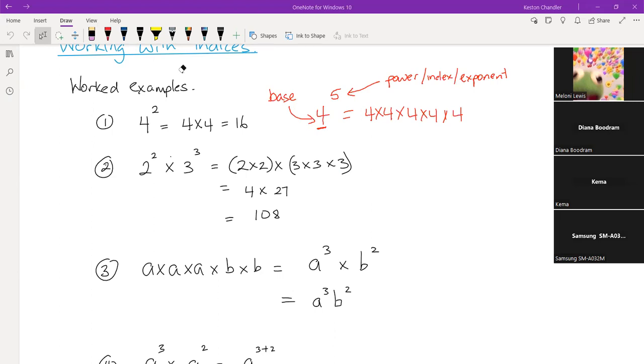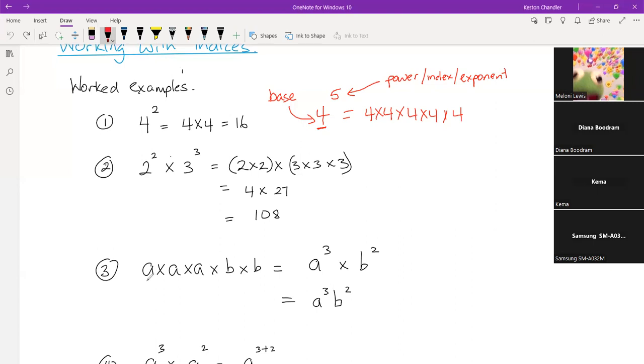Now, when we have algebraic terms and we want to simplify them, instead of writing a by a by a by b, we can use indices or powers or exponents to express this in a more simplified way. So we look at the number of times the base is being repeated, right? Now, we could only do this with like bases.